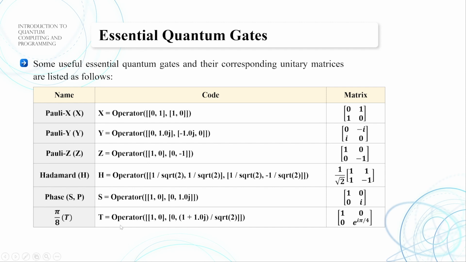The last operator is called T. You can see this formula in the Colab code or the Qiskit code, and the corresponding matrix. These are the essential quantum gates.